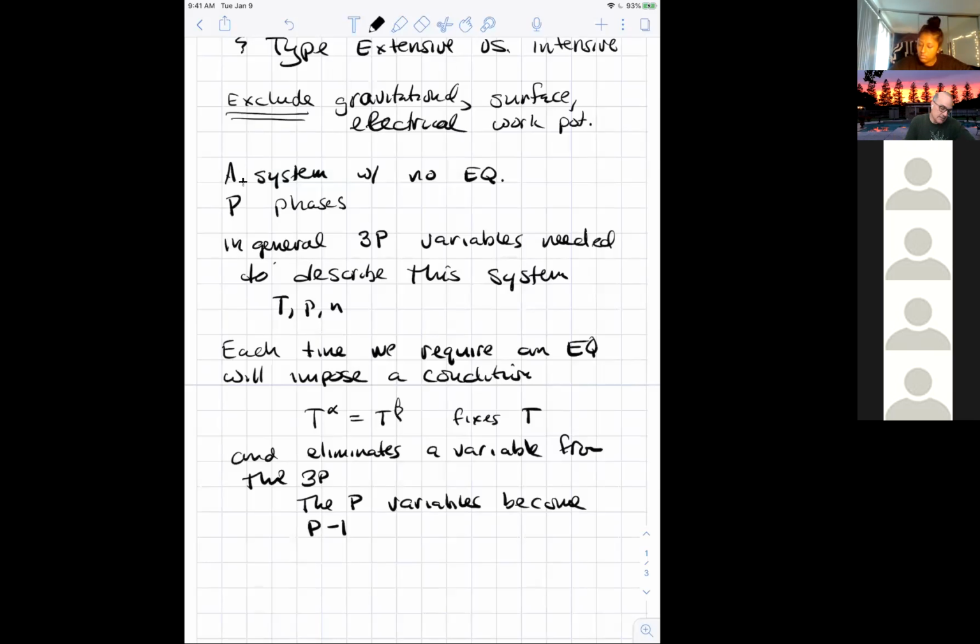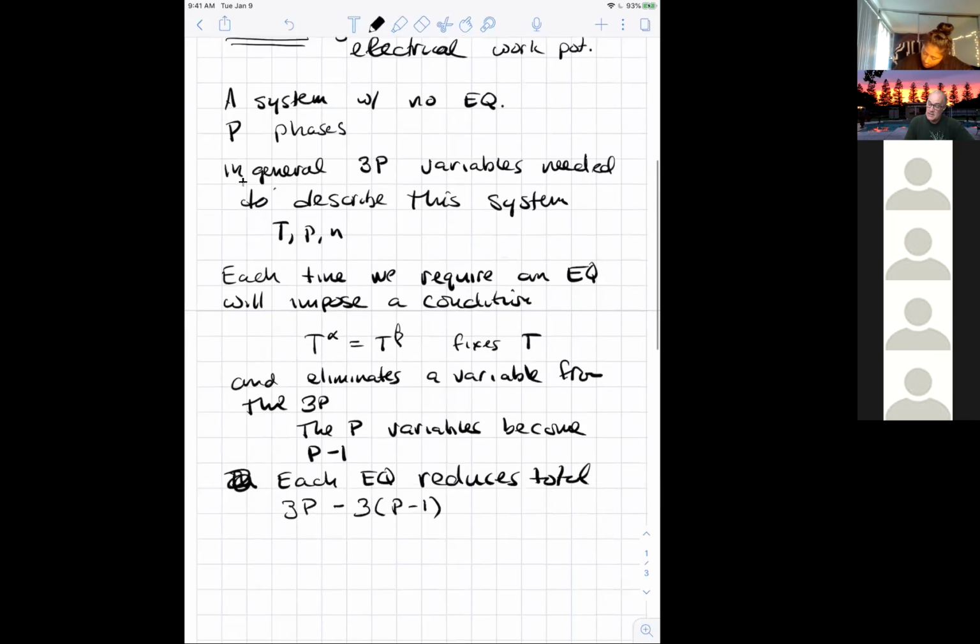So what happens is, we start off with 3P variables, but we're going to subtract 3 times P minus 1 for each of the equilibria we impose. This gives us simply 3 when you do this. So in other words, for an open single substance system, right?